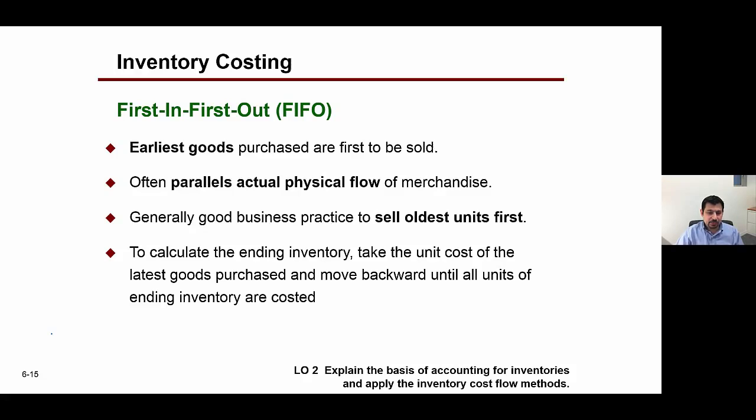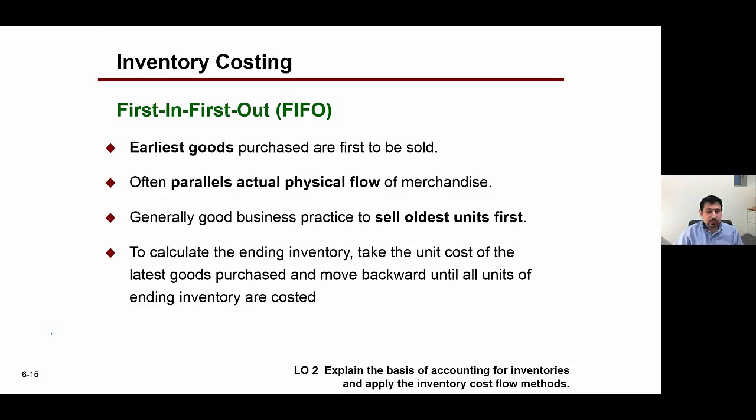This is usually a good practice, because in real life companies try to get rid of their oldest merchandise first. This does not really mean that the company actually sold the earliest purchases first, but this is the assumption, especially since it parallels the actual physical flow that is the general practice of companies.